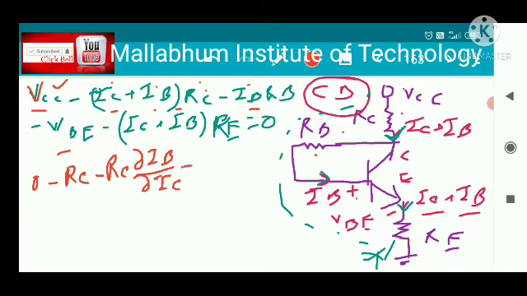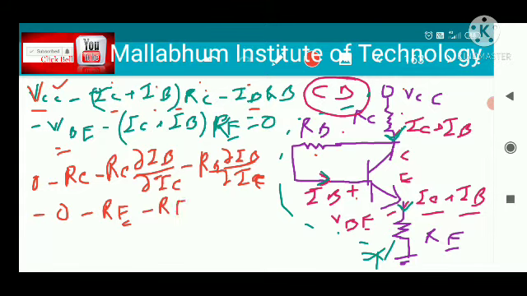And this is again minus RB del IB by del IC, the VBE term is again 0, and the same thing happens with minus RE, because the derivative of IC with respect to IC gives RE, and minus RE del IB by del IC. Just check once again on your own and you will get the value. So this is all about the differentiation with respect to IC.